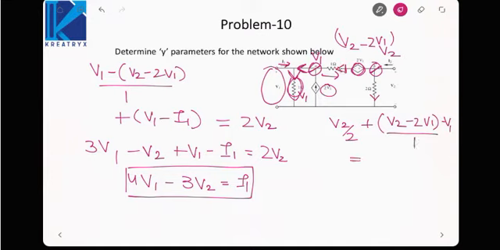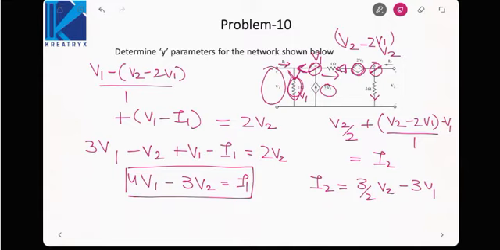And what is the incoming current? It is I2. So I2 will be equal to V2 by 2 plus V2, that is 3 by 2 V2, then minus 3V1. So this will be your I2.